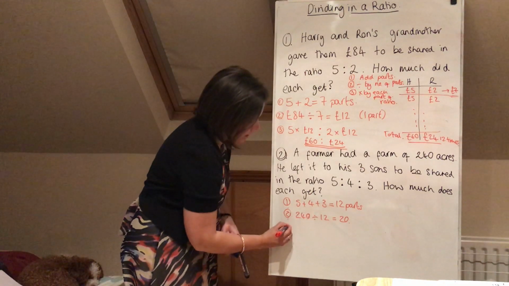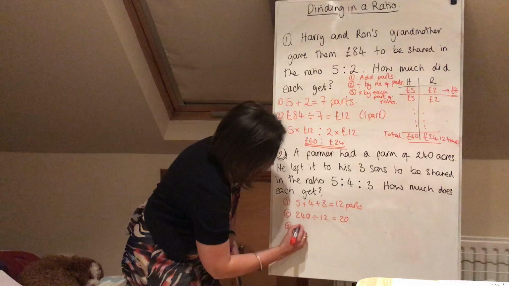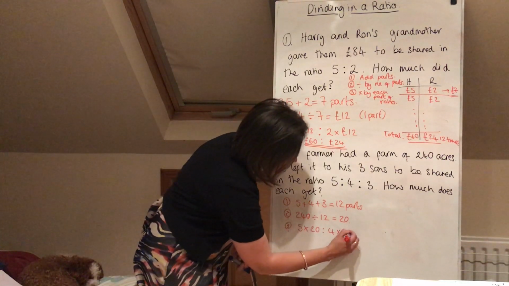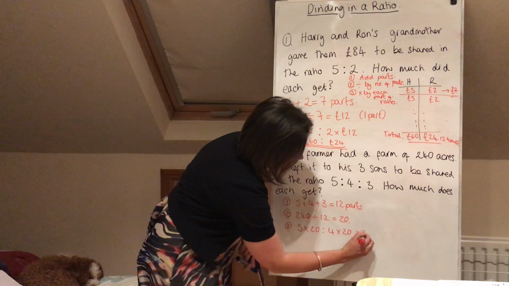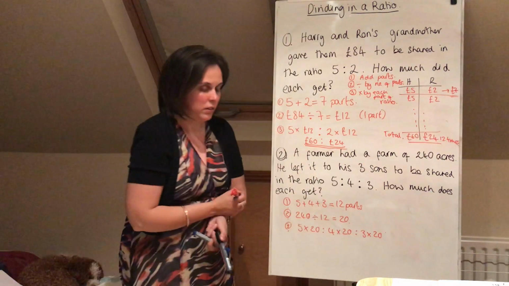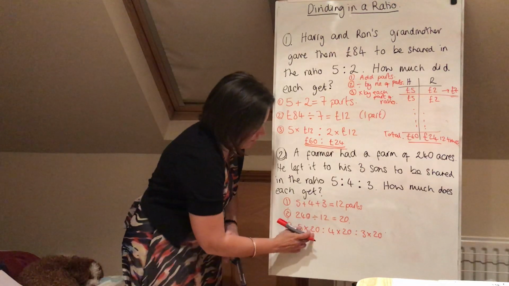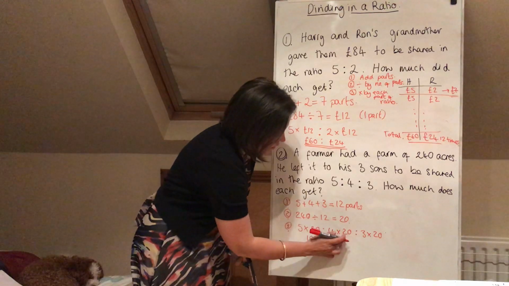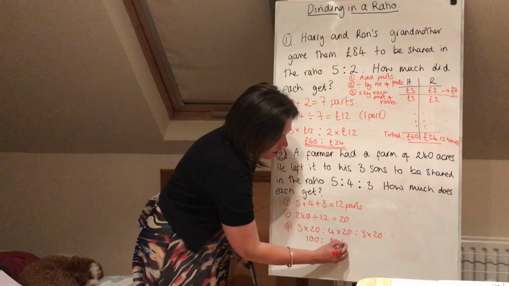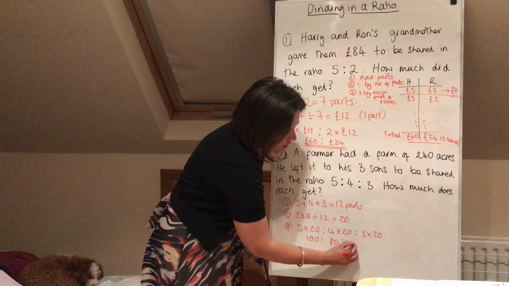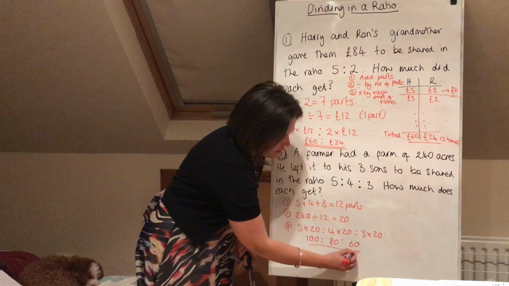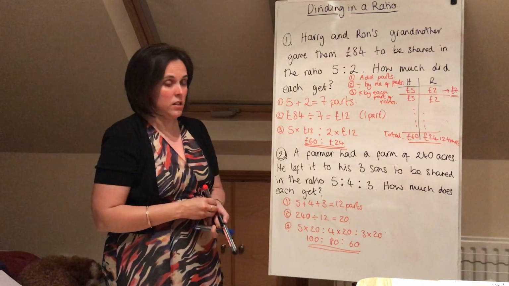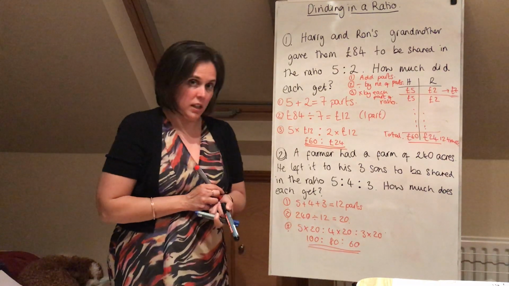So we have 5 times 20, 4 times 20, and 3 times 20. 5 times 20 is 100, 4 times 20 is 80, and 3 times 20 is 60. So our answer is that the 3 sons will get 100 acres, 80 acres and 60 acres.